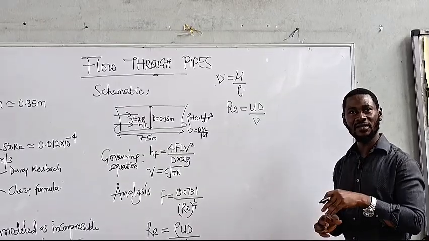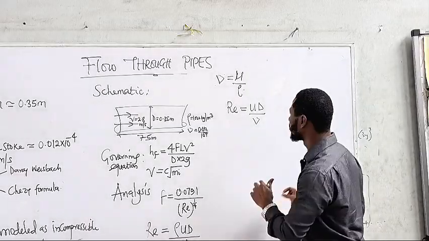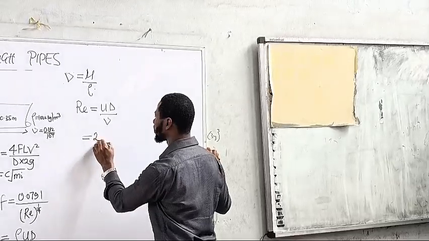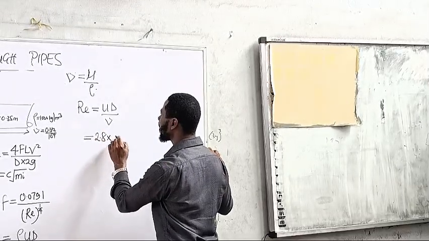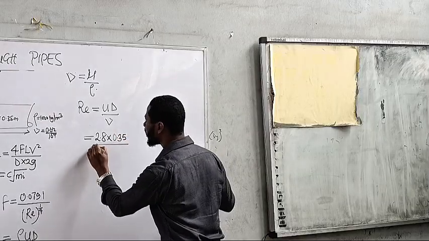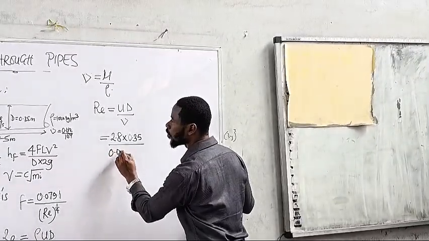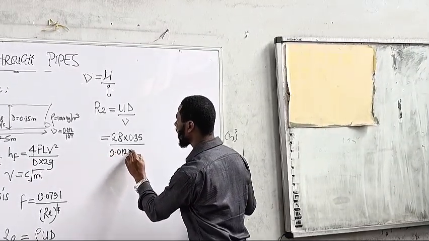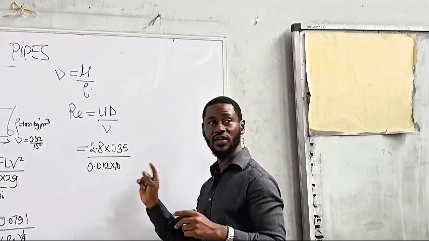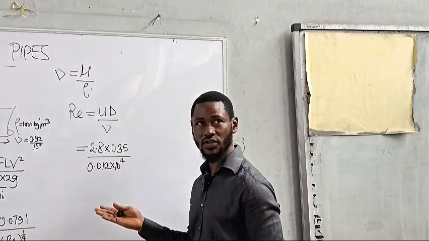Now, our next step is to insert the parameter values given. So we have U as 2.8 multiplied by the diameter of the pipe, 0.35, divided by the kinematic viscosity, 0.012 times 10 raised to the power of, not minus in this case, because it is in the denominator; if you are taking it up, it becomes minus.